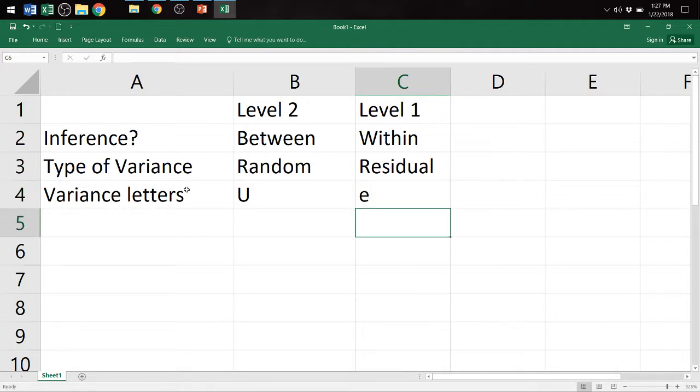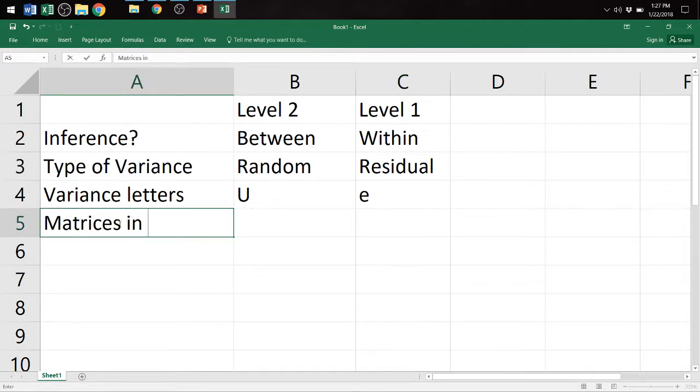E. So always notation is author specific, but once you get used to seeing these in a particular format, even if someone else uses different letters, you'll be able to see what's what. So the level 2 has one kind of variance term, it's always going to be some kind of random effect. Level 1 has some kind of variance term, it's going to be some kind of residual or error.